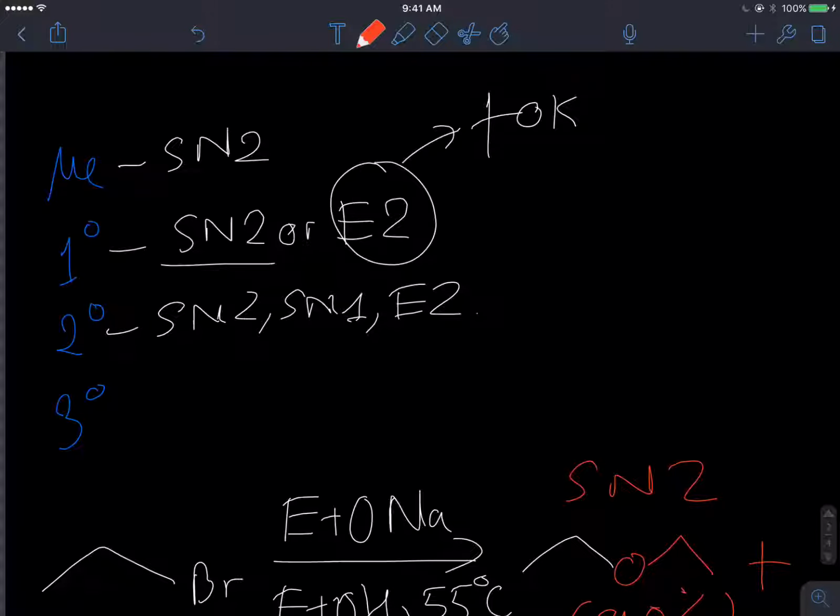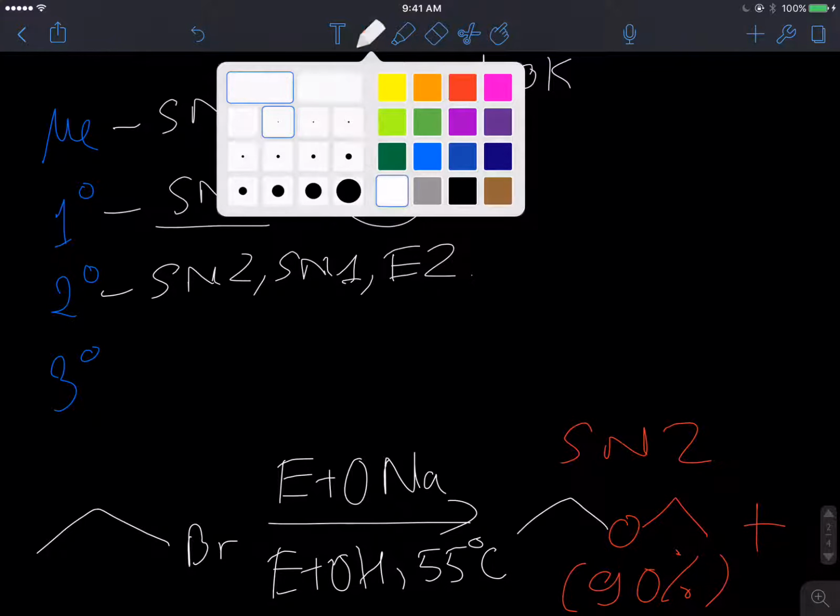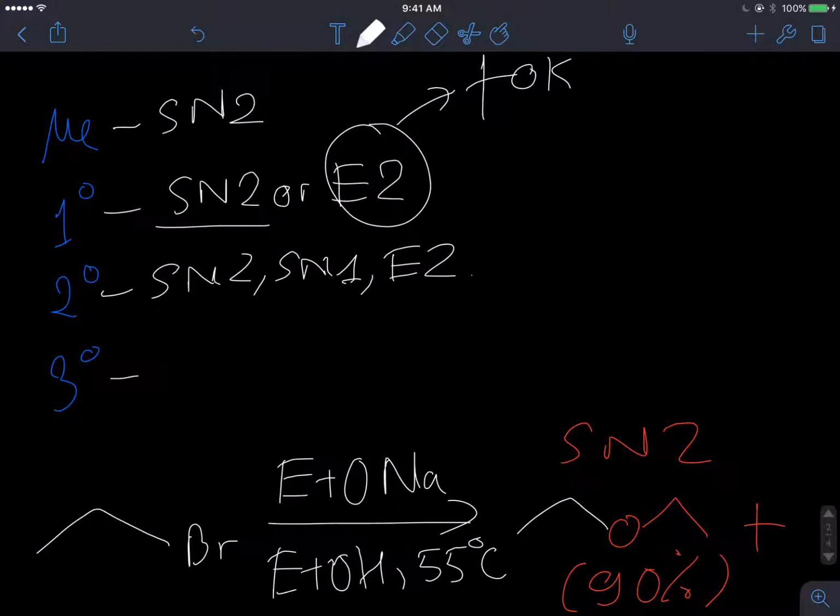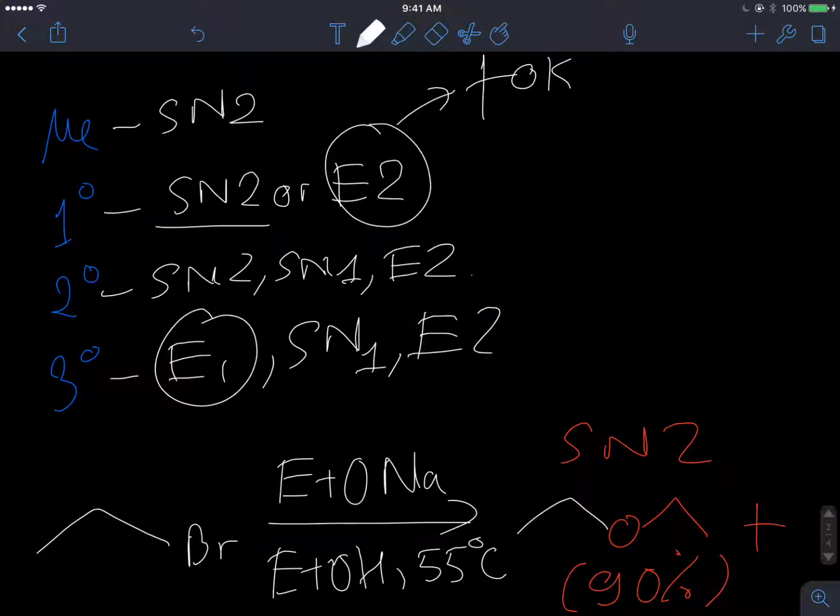That's for the secondary structure, and for the tertiary structure it is E1, obviously. But okay, SN1 and then E2. Remember, tertiary is never SN2.